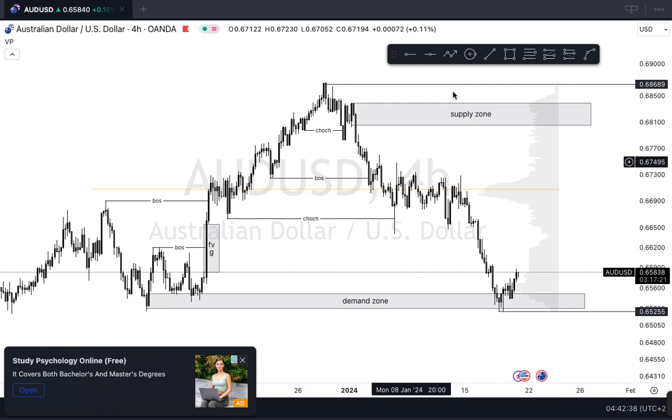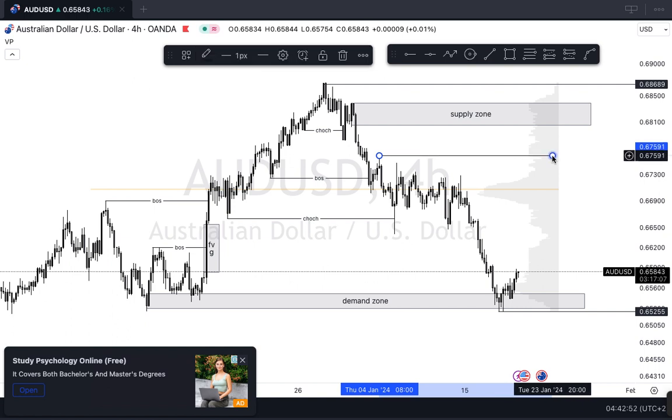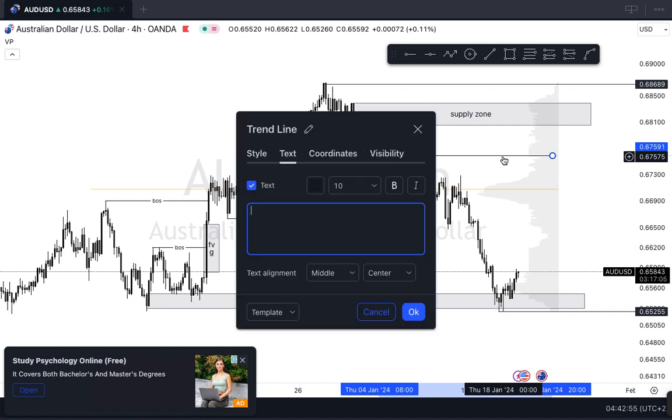Below the supply zone, we have this area of liquidity, meaning there is a lot of liquidity resting on that zone. So we are just going to write triple S.